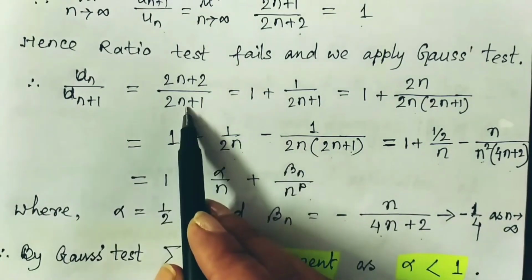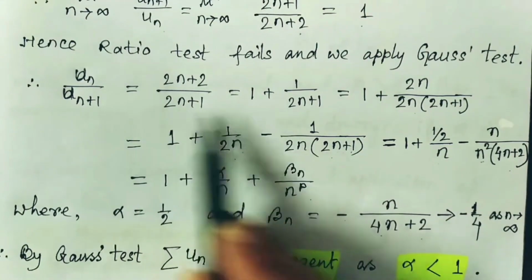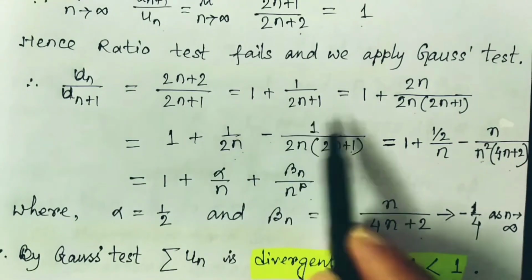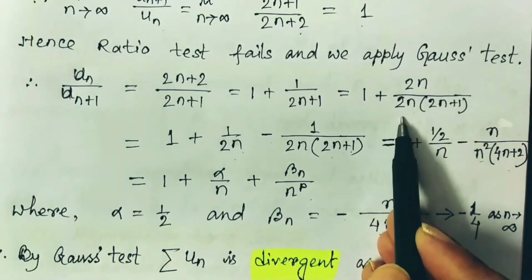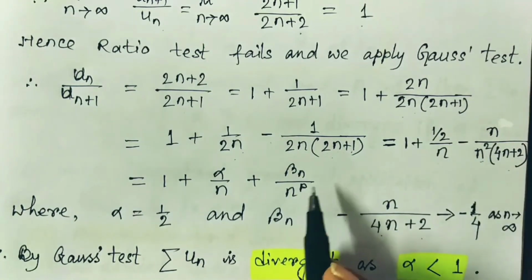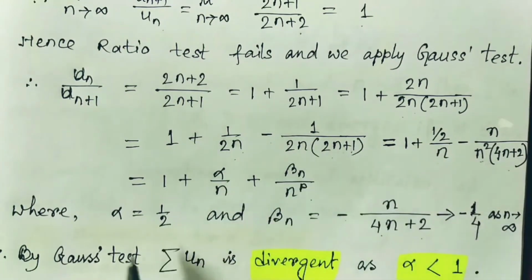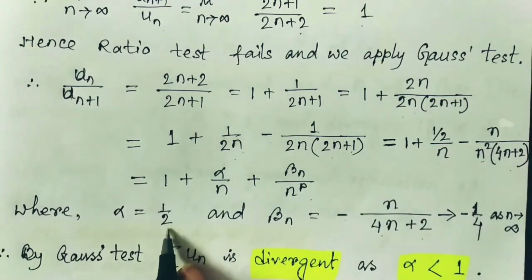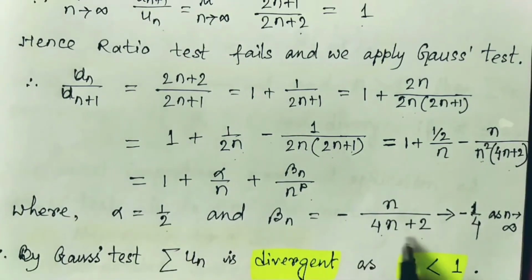Whatever be the expression given, at first we separate 1 by some anyhow. After that, the remaining part we consider in such a manner so that something by n we can take separated, and the remaining portion we adjust in such a way so that we can find bn by n to the power of p. So here if we compare, then we will find alpha is equal to 1 by 2 and beta n is equal to minus n by 4n plus 2.